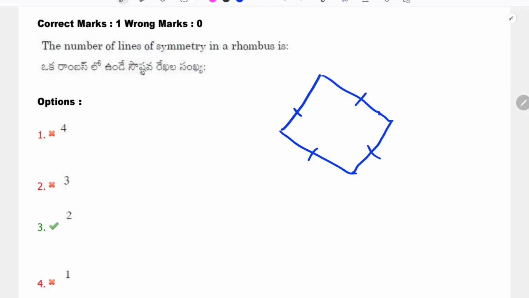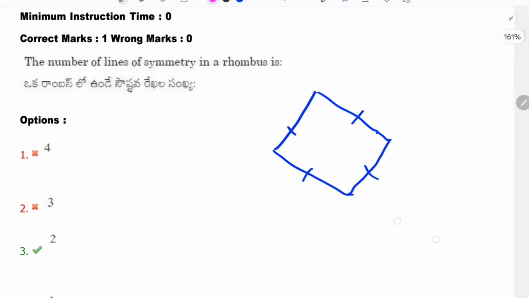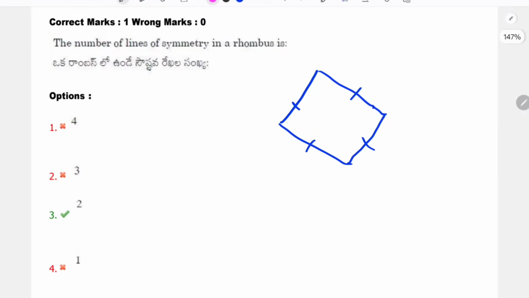Line of symmetry means how we can divide this figure into 2 equal halves. That means when we cut and fold the paper, both parts should be similar. I draw a little bit of a cross. This is one way we can cut, and the second way we can cut into 2 equal parts, like this also. These dashed lines are known as lines of symmetry.